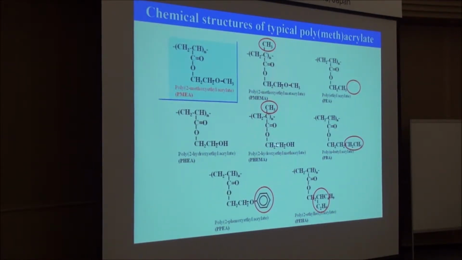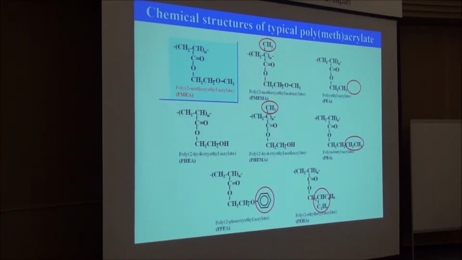You see here polyHEMA, and this is a control. If you delete the methoxy group, we can synthesize like this. If you switch this group to this, these are hydrophilic, but instead of hydrophilic polymers, we synthesized hydrophobic polymers. For example, switching from this to this makes it more hydrophobic.